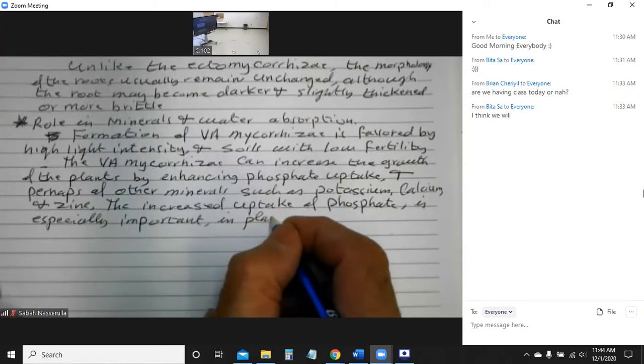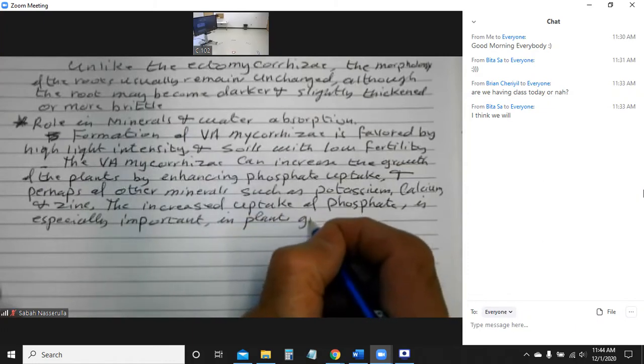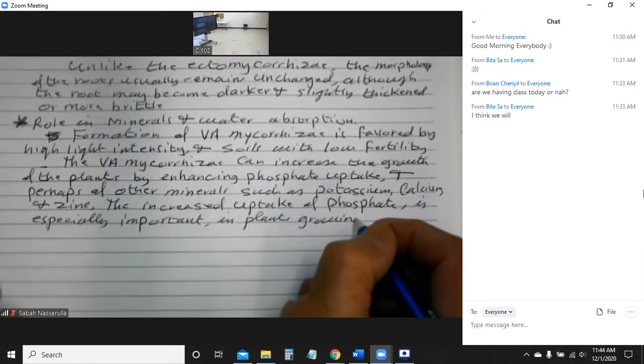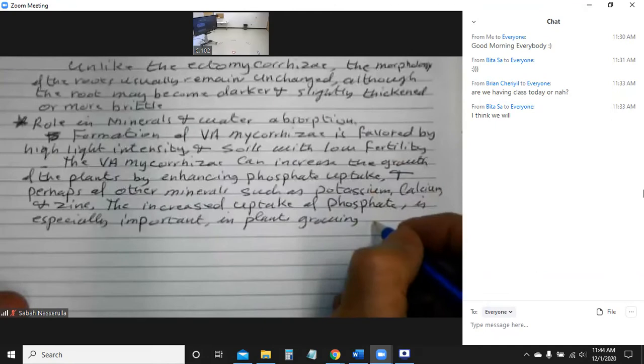Poor soil, of course, means with low nutrients.